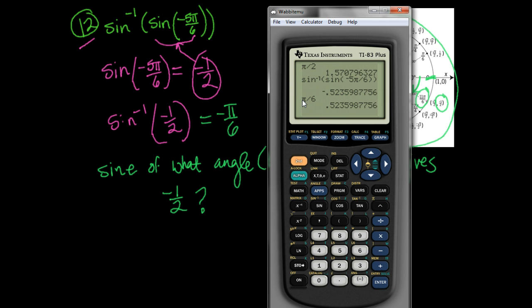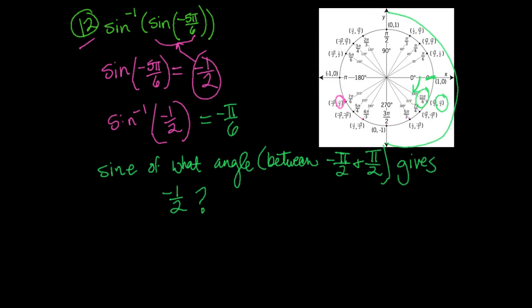So if you would put, for instance, 11 pi over 6 instead, remember that's not in the range of the inverse function, because everything is switched.